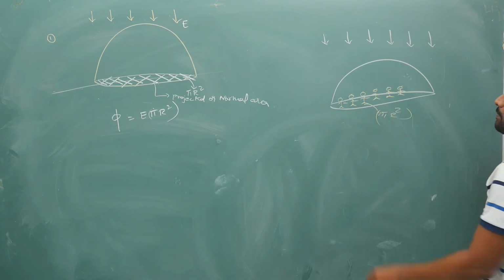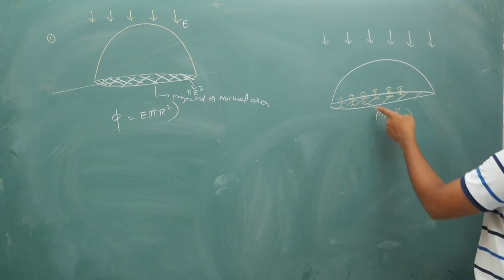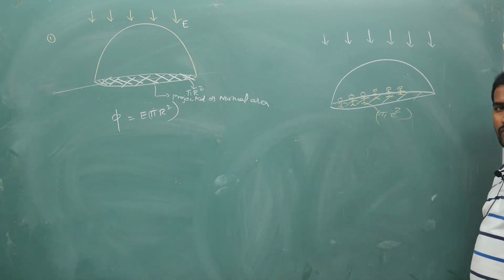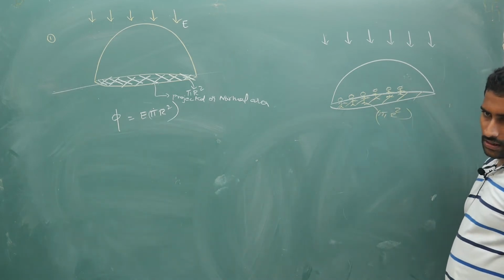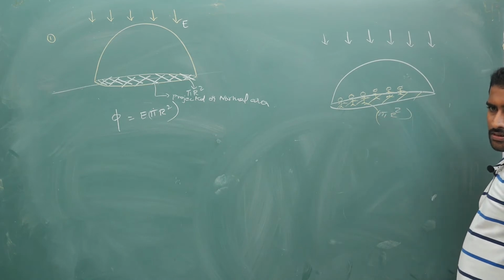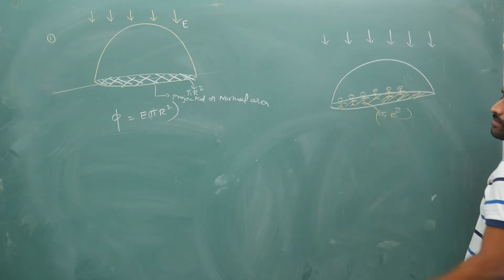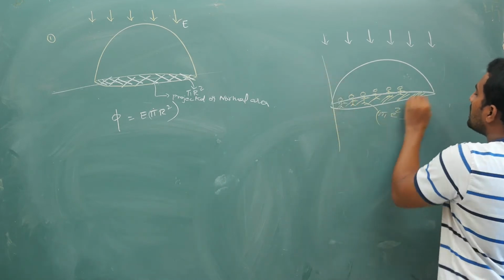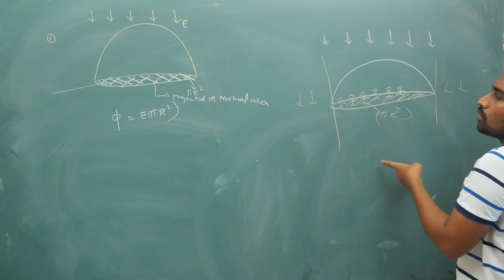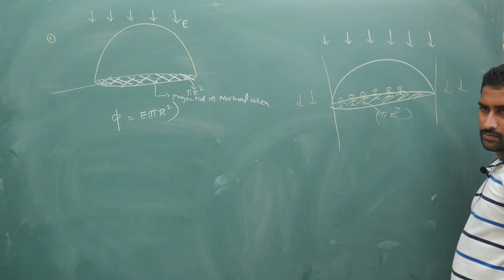So your projected area can also be defined as the area that doesn't become wet when rain falls onto a tent like this. Or if light is falling from the top, you will have a shadow across an area of pi r square, because any region other than this pi r square will have light.